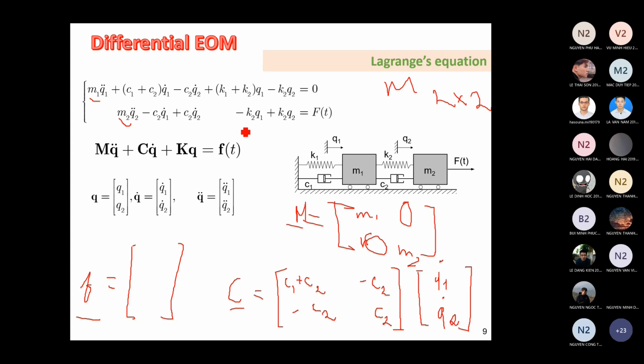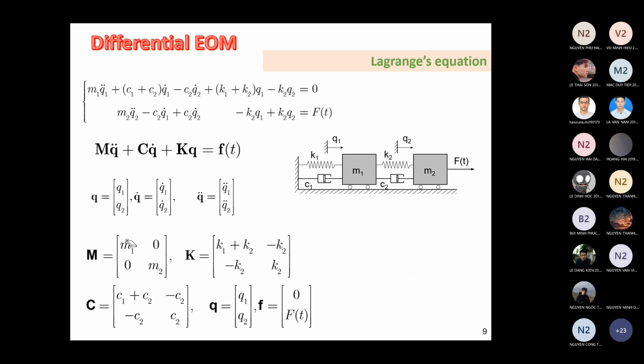On the right side of the two equations, the right side of the first equation is 0 and the right side of the second equation is FT. So we have the force vector here: 0 and FT. Okay, in this matrix form, you have the M, C, and K, and also the Q and F for the first example with the 2 degrees of freedom system.